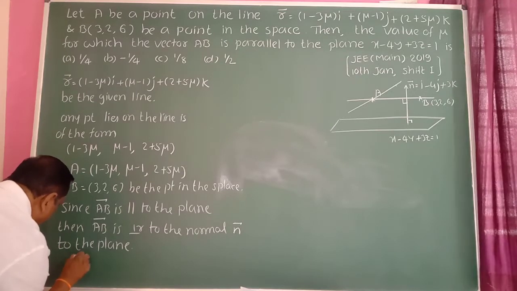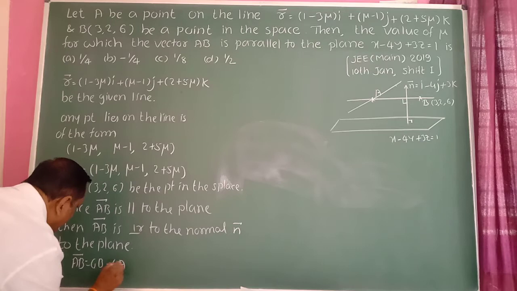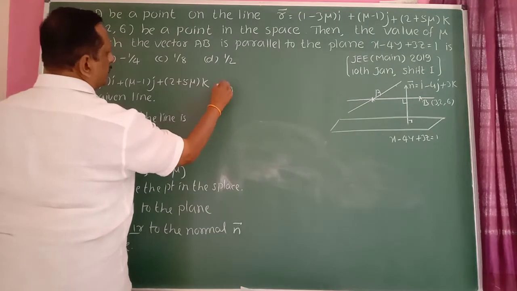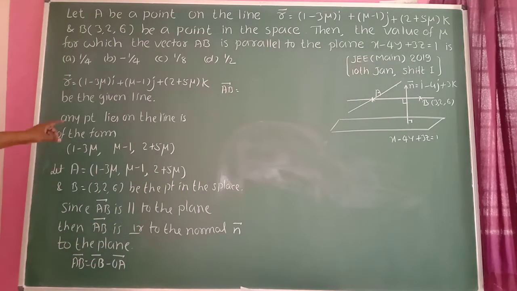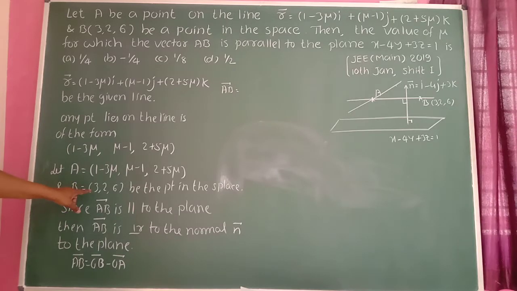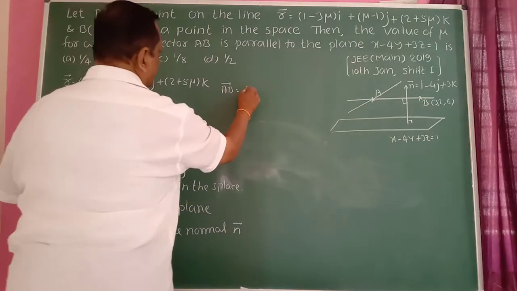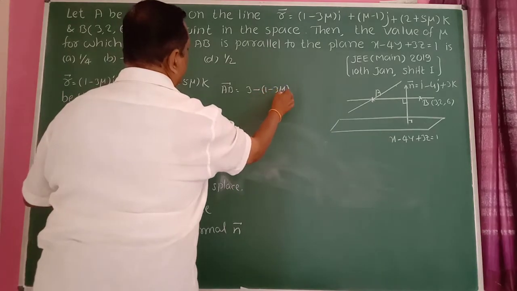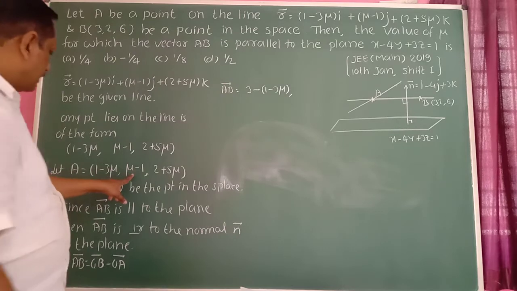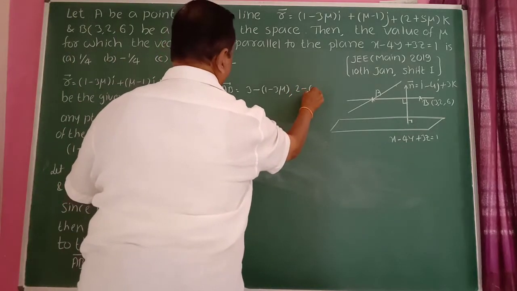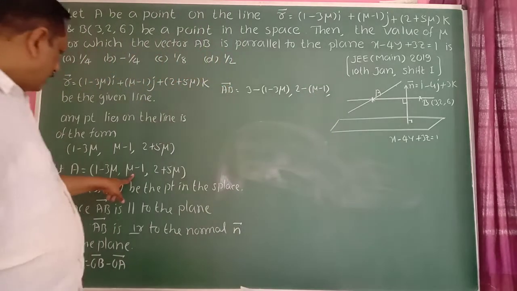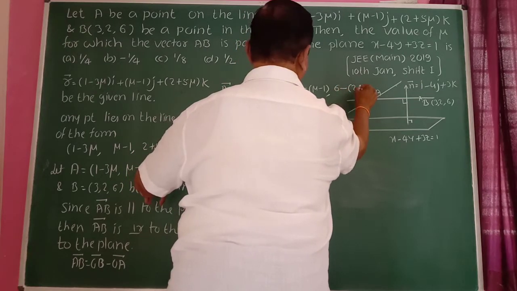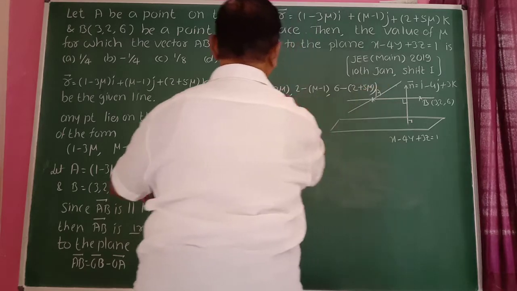You know AB bar = OB - OA. Therefore, the vector AB = (3 - (1 - 3μ), 2 - (μ - 1), 6 - (2 + 5μ)).